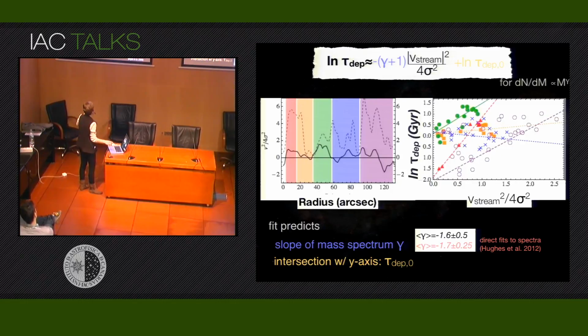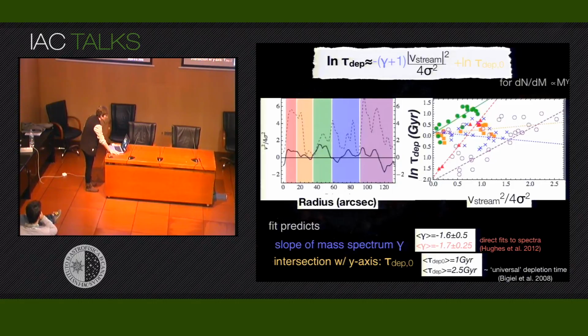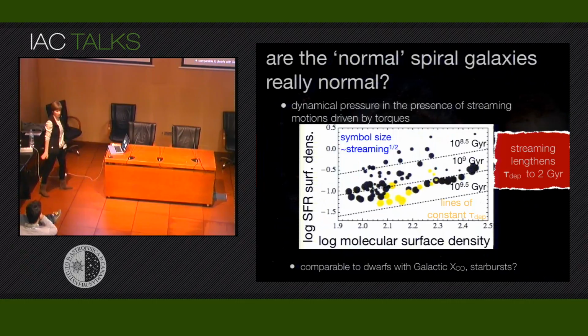And both of these quantities agree fairly well with what we know from direct measurements of the cloud mass spectrum, for one, and then this gas depletion time that we measure on average in galaxies. But there's a real difference between the intercept and the average gas depletion time. Sorry, this is not coming out too clearly, I think. But to explain the implications here of this dynamical pressure, let's go back to the Kennicutt-Schmidt plot.